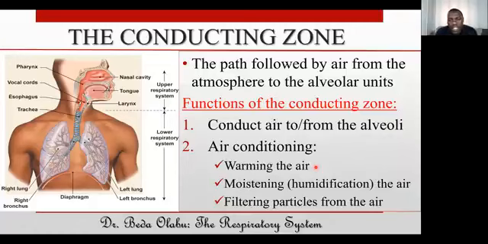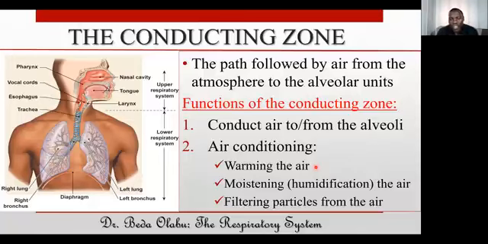The mechanisms that help the conducting zone to warm the air include the fact that the conducting zone is also vascularized. So the temperature of the blood in the arteries is able to be transferred to the air that we're breathing in.